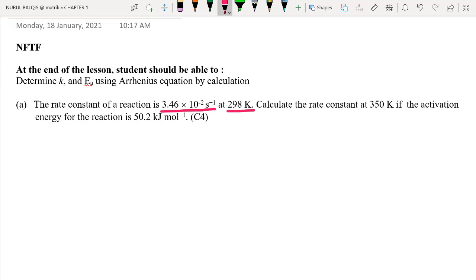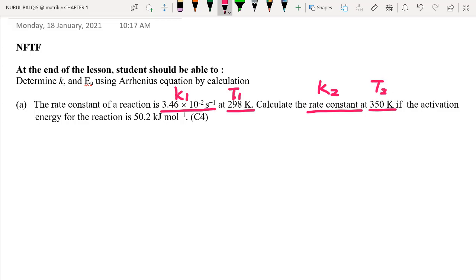So the first sentence tells you about the first information at a temperature of 298 Kelvin. Let's say that this is your T1 and together with it is the K1, the rate constant. Now the question asks you to calculate another rate constant, so this is K2, at a temperature of 350 Kelvin, which is your temperature 2.